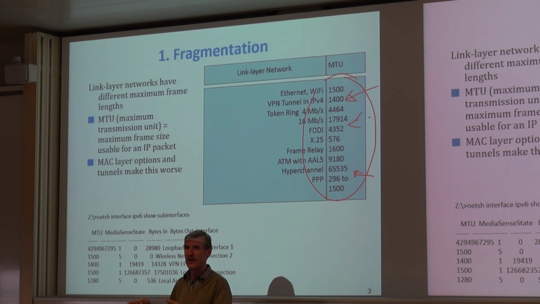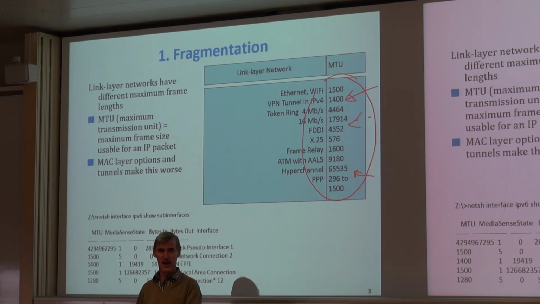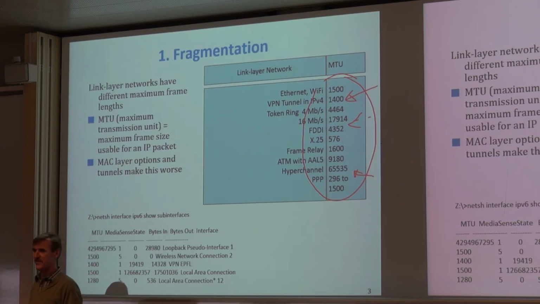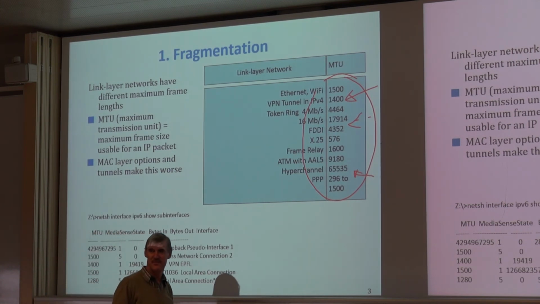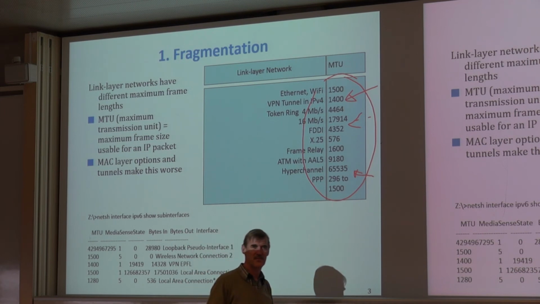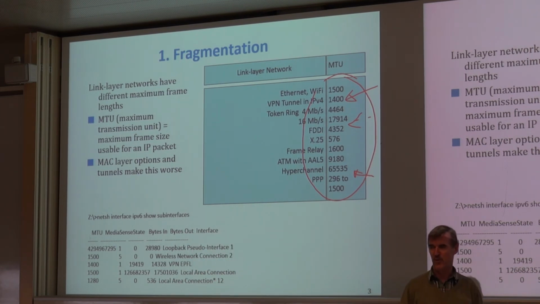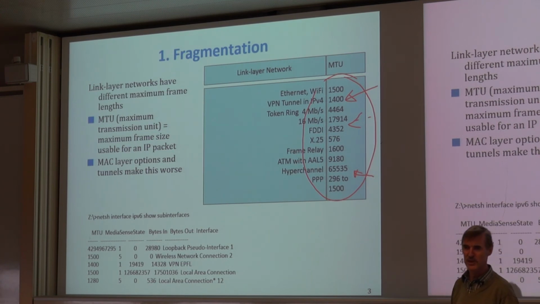If you put an IP packet in an IPv4 packet, the MTU is reduced by how much? Well, by the size of the header of the inner IPv4, which is 20 bytes. So we reduce by 20 bytes.